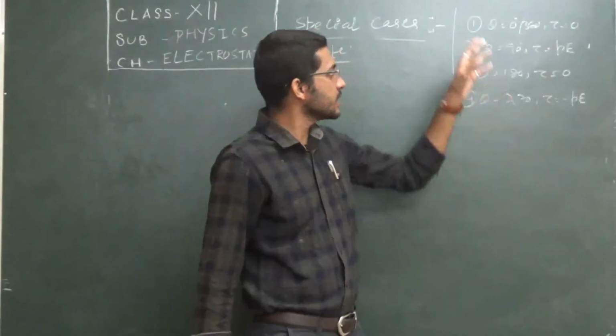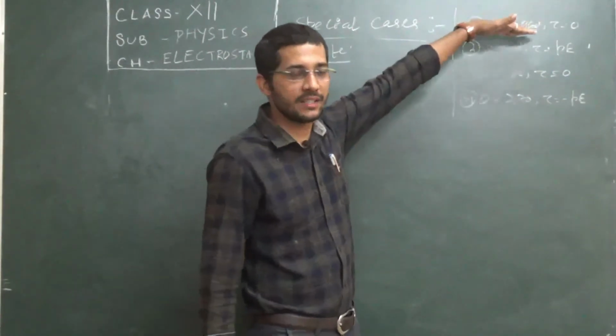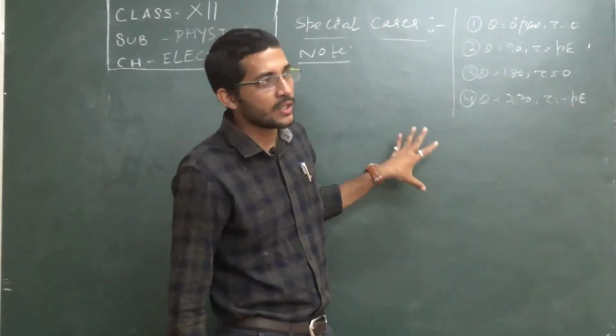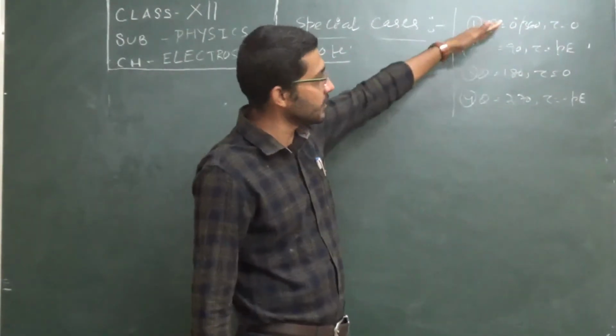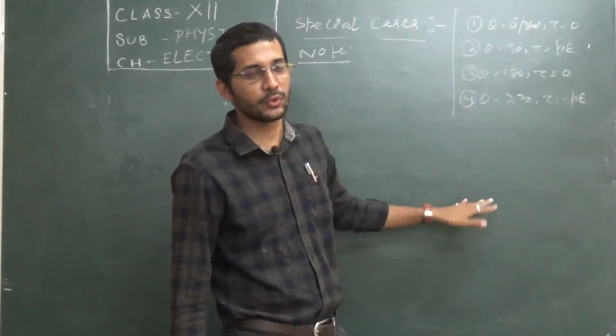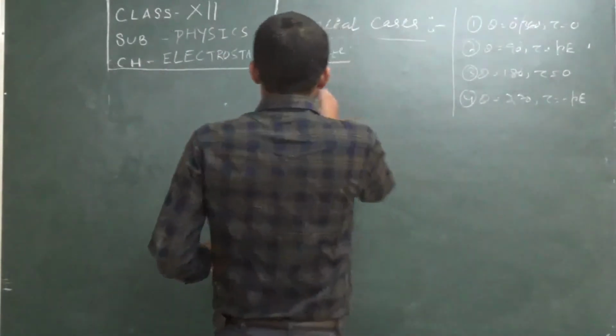The question will come like this: if an electric dipole is placed parallel and anti-parallel with respect to an electric field, then prove which represents stable equilibrium and which represents unstable equilibrium. So you need to write down with the necessary conditions. Okay, so write down here.